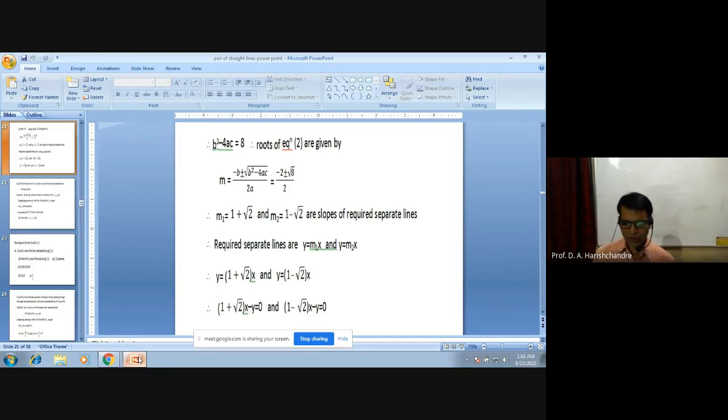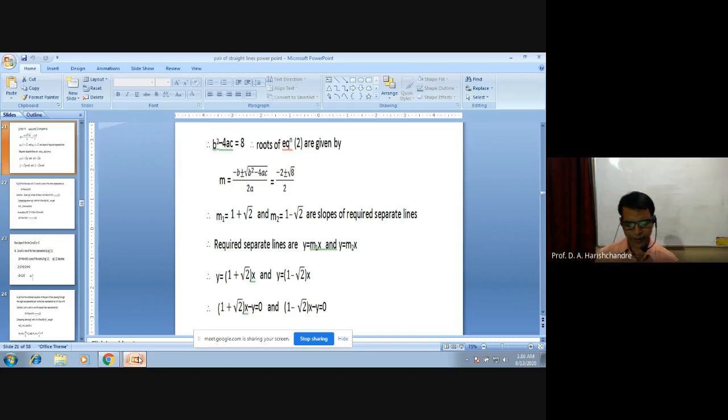Now once you know the value of the discriminant, from that you can obtain the roots of the above quadratic equation. The formula for obtaining the roots of a quadratic equation is given by m is equal to minus b plus or minus root b square minus 4ac upon twice a. Here replace the value of b to be 2, b square minus 4ac as 8, and small a in the denominator as 1.